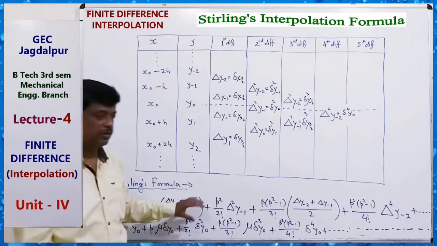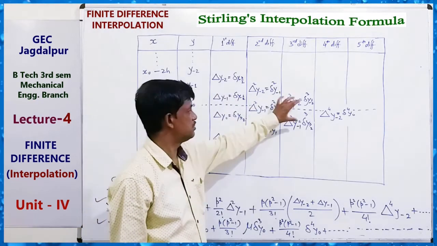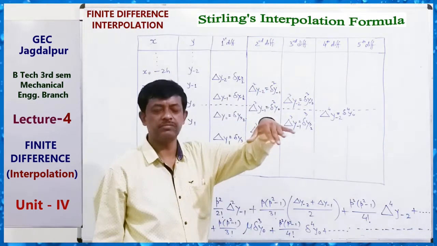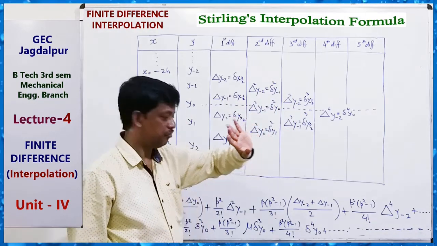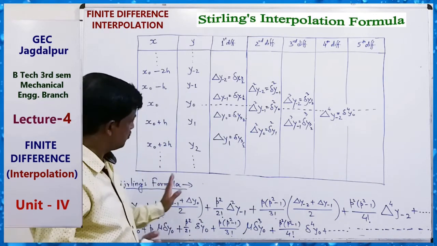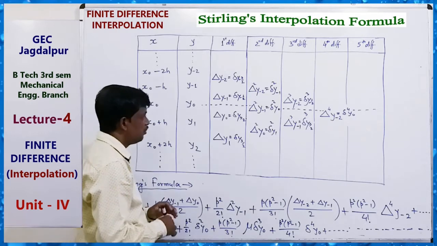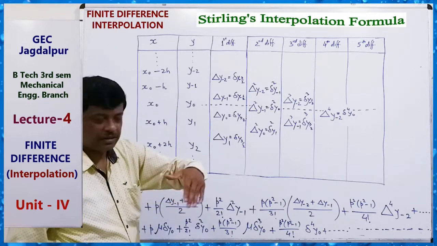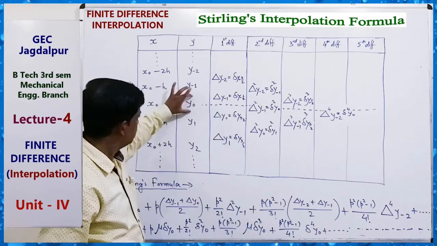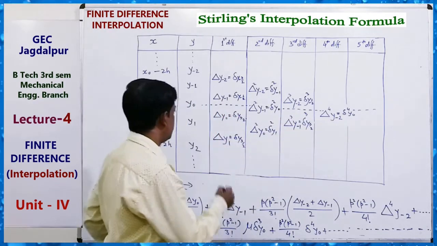For the Stirling formula, just take this value and then average this value and then average around up and down the center line. For Bessel's formula, we can also write the value like this, but taking one step, this value, and then along this line.